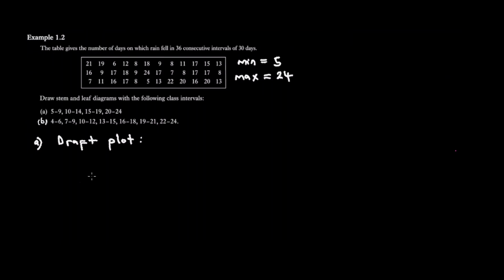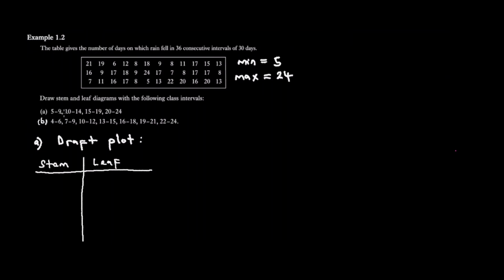Our draft plot is obviously going to have a stem, then a leaf. So what is going to be our stem? Here we start at 5, ending at 9, then 10 to 14, 15 to 19, 20 to 24.